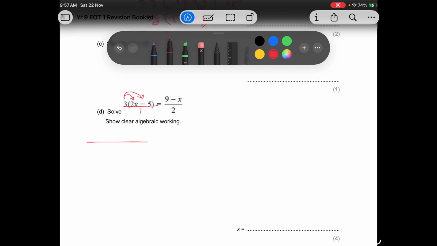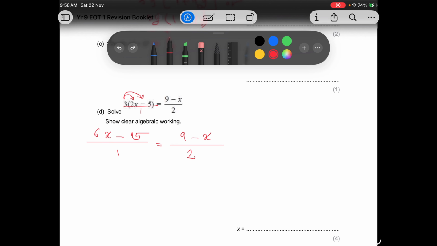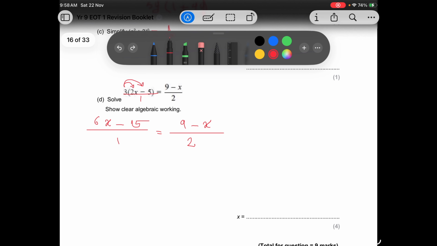So it will be 6x minus 15 divided by 1 equals 9 minus x divided by 2. Yes, you can start by multiplying this by this or this by this. It does not affect the result, the way you like. Okay, let's start by multiplying 1 by this guy.